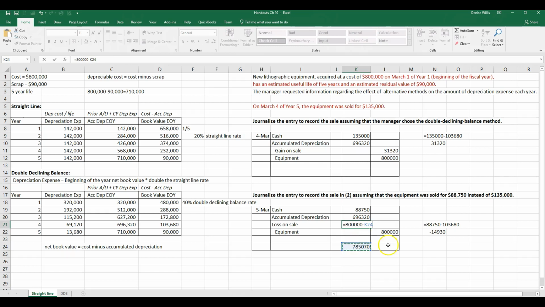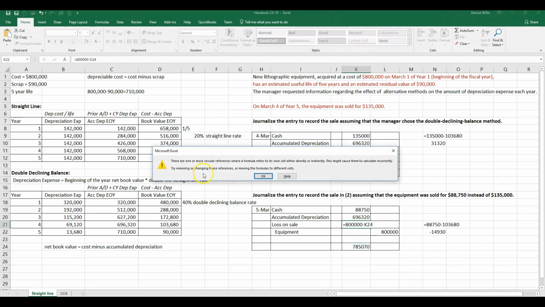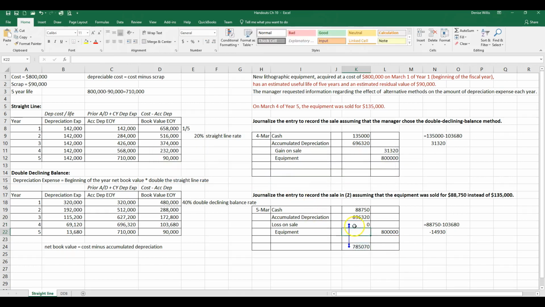I'm probably going to get a circular error right here. Yeah, that doesn't work so well. But anyway, let's say you have 800,000 minus 785,070. And you can see again, we would have to have a debit of $14,930 to make this balance.